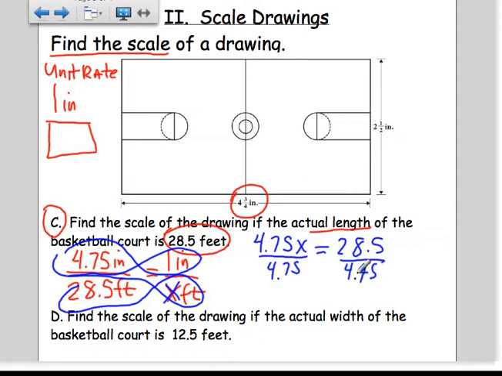And I know that x, this divides evenly. It goes in evenly 6 times. And so what that's saying is that the scale for this drawing, I'll circle it in green, is that 1 inch is the same thing as 6 feet. At least according to C.